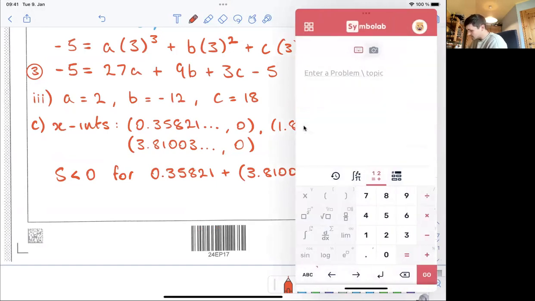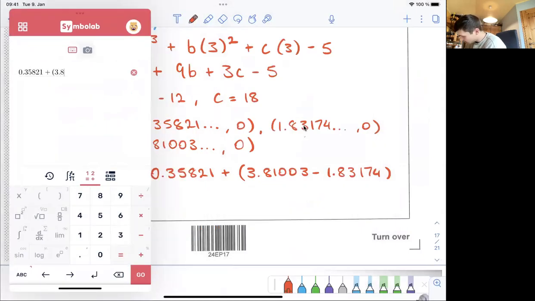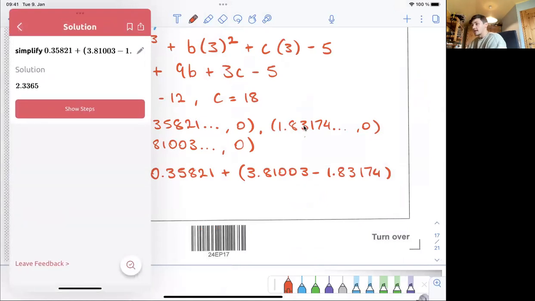Now let's put that into here, so let's go 0.35821 plus the brackets 3.81003 subtract 1.83174 close bracket, equals, and that gives me an answer of 2.3365 years.